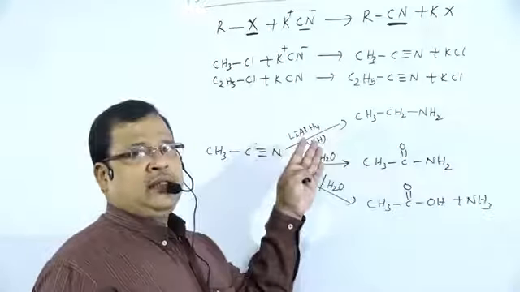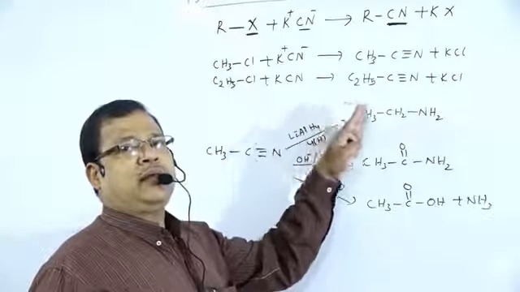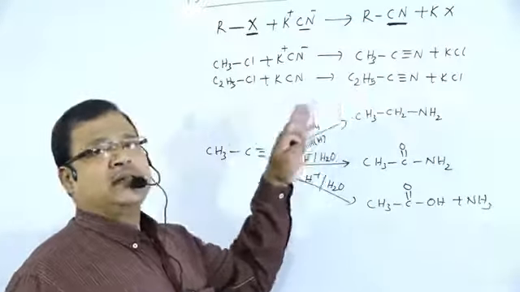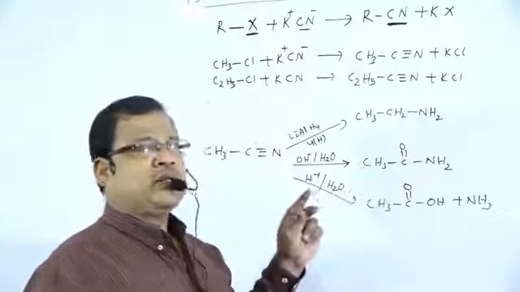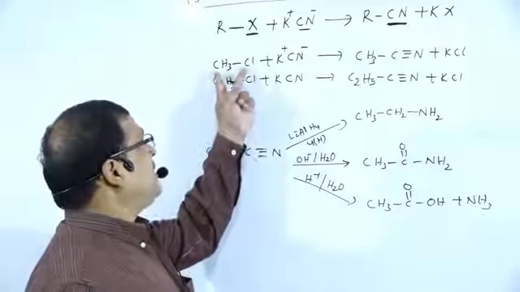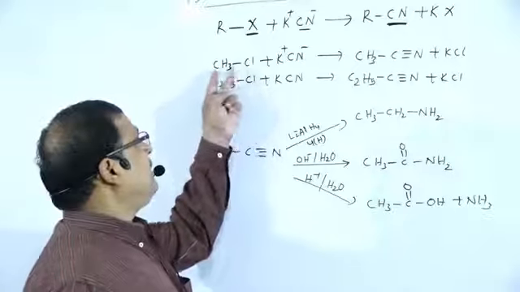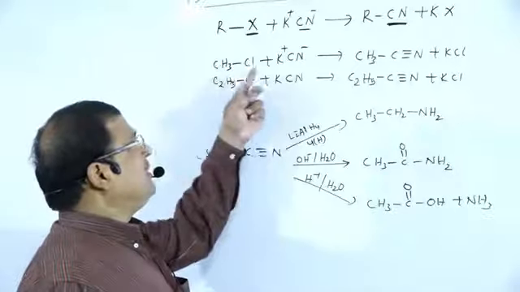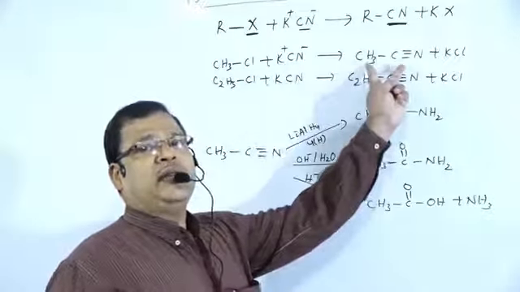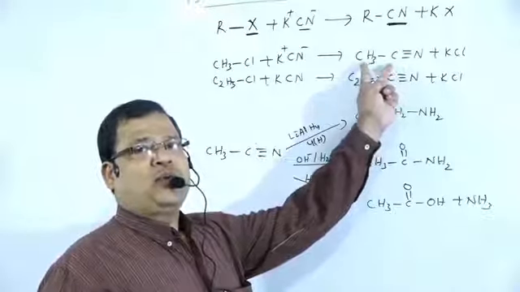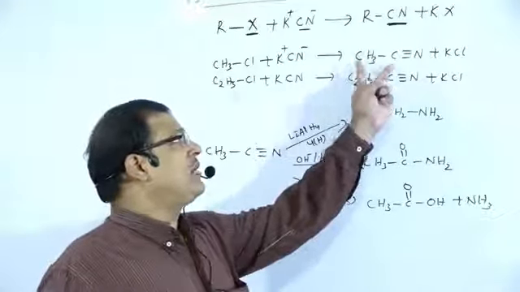So alkyl halide reacts with potassium cyanide to form alkyl cyanide. That step is used to increase the number of carbon atoms during organic conversions. In this case, mark it, methyl chloride, which contains only one carbon atom, is treated with potassium cyanide, and there is the formation of methyl cyanide, which contains two carbon atoms.